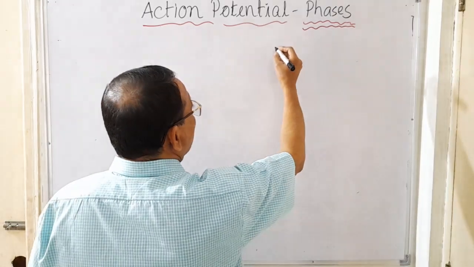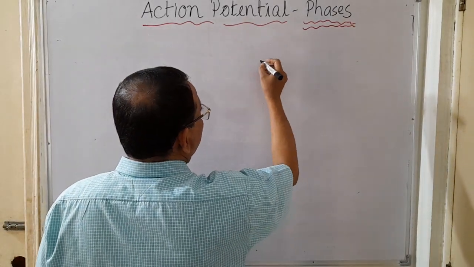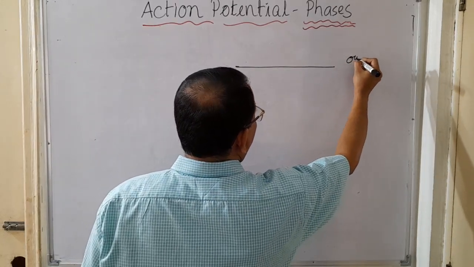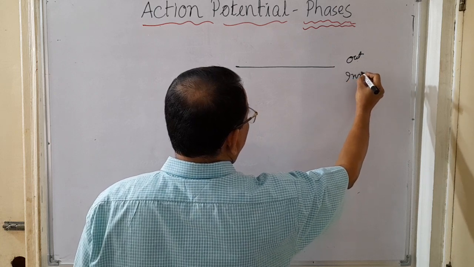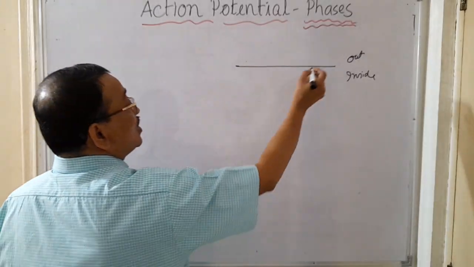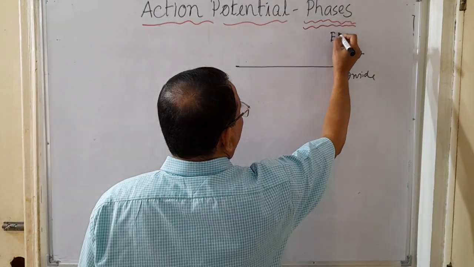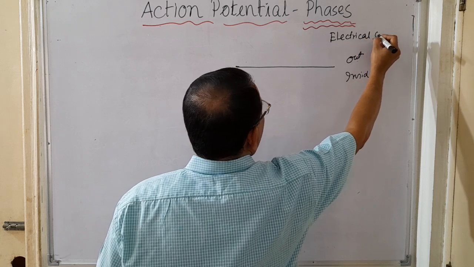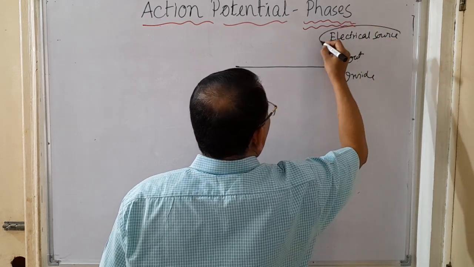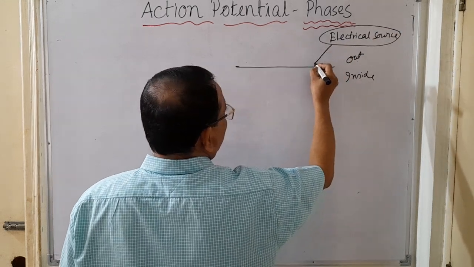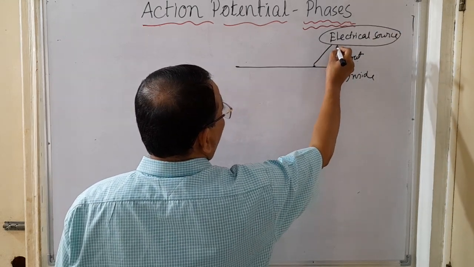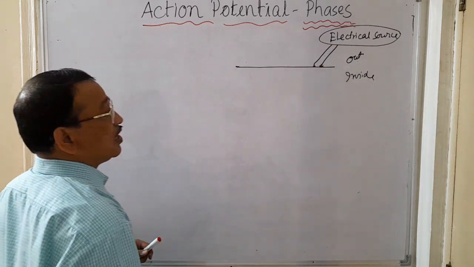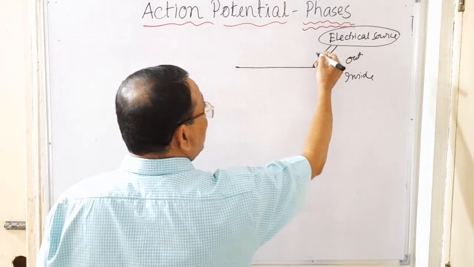As I told, if a cell membrane, outside, inside, is stimulated, as I told earlier also, from an electrical source, two electrodes are placed on the cell membrane, and these are the stimulating electrodes.